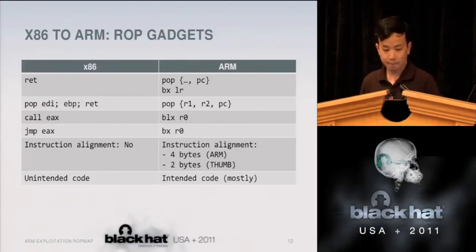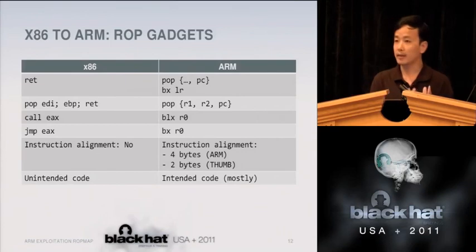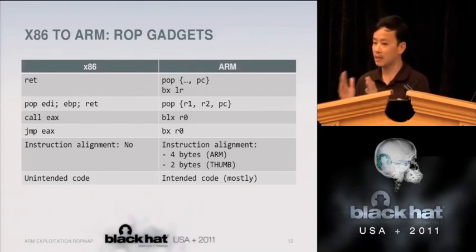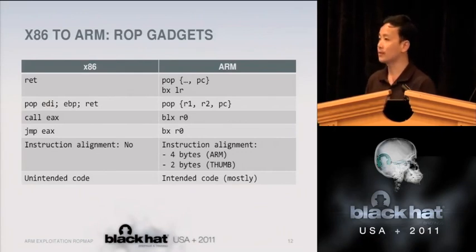Note that for x86 architecture, there is no alignment of instructions, so you can find lots of gadgets from unintended code, like code that just does data movement but, by shifting every byte, you can find interesting gadgets.